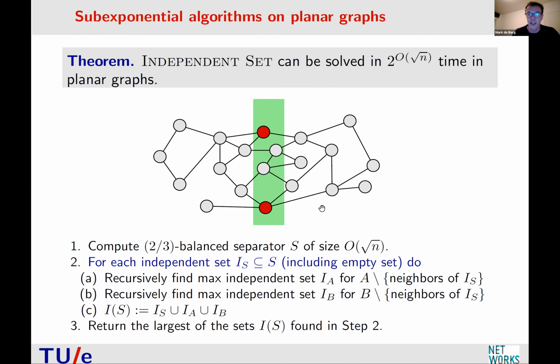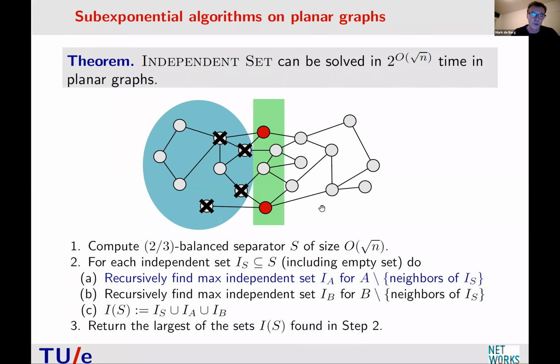For this guess, let's say on the left side, I'm going to solve my problem recursively. I'm going to find a maximum independent set there. But of course, I can no longer use the vertices that are adjacent to the nodes I've guessed in the separator.